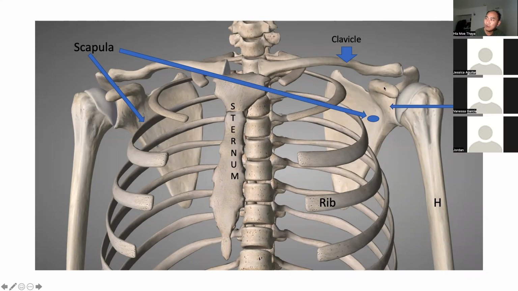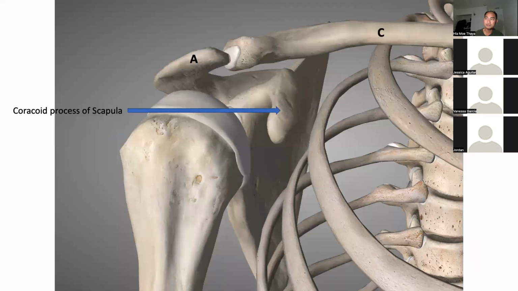This is the coracoid. This is the glenoid, which articulates with the head of the humerus. And another bony point is called the acromion. So let's look a little bit more closely.